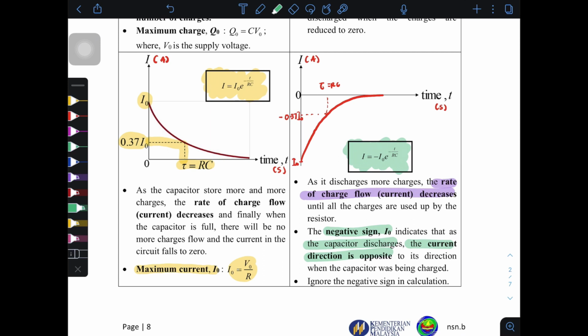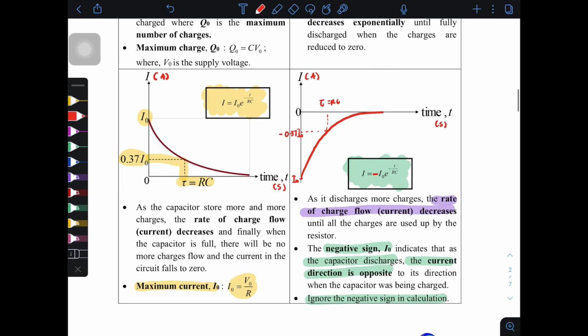Okay, ignore the negative sign in calculation. So when calculating, we ignore this negative sign, because it only indicates direction.